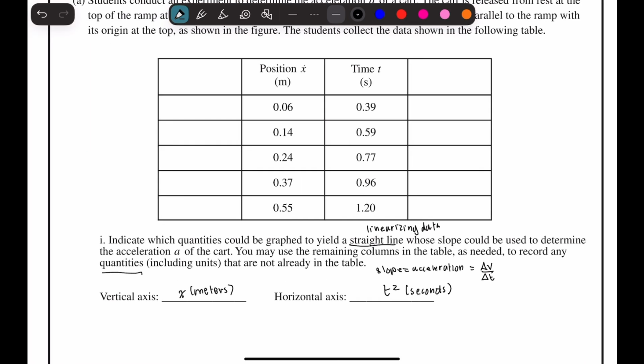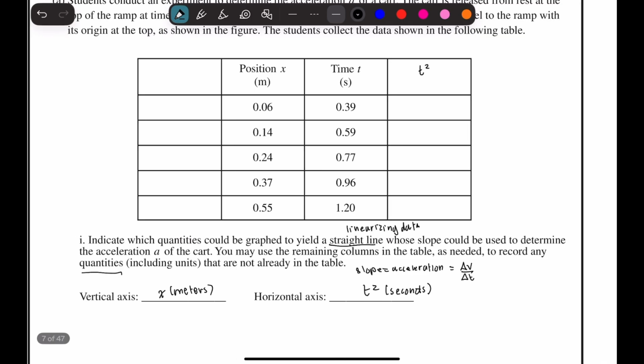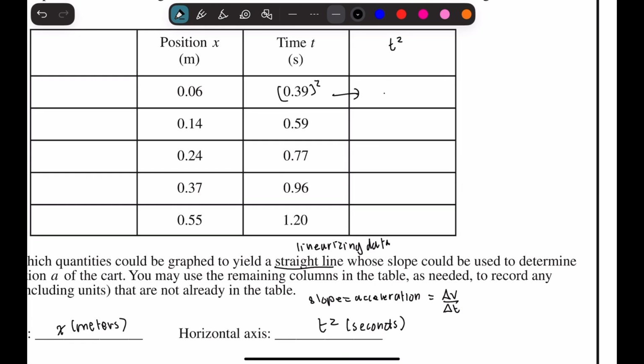Thankfully we already have x, so now we just need to get t squared, which we can calculate in this table. You're just going to square each of these, right? So 0.39 squared, if you have your calculator, that'll be 0.152. I'll just write squared for all these.